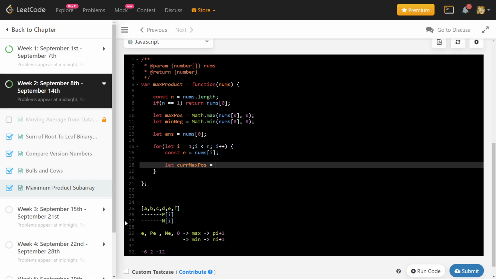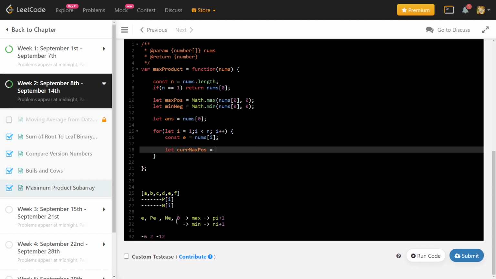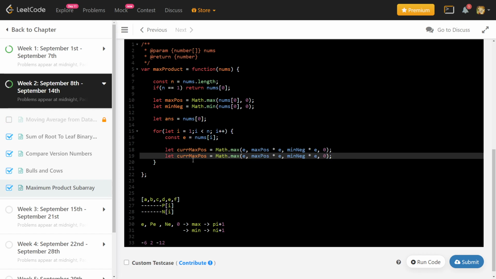As I mentioned, the next maximum value will be the maximum of all those, so we have to find Math.max of e, max pos times e, min neg times e, and 0. That's it. And current min neg will be just Math.min of these.